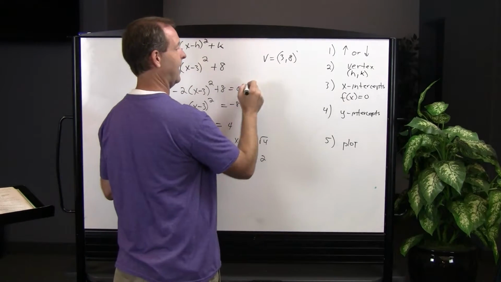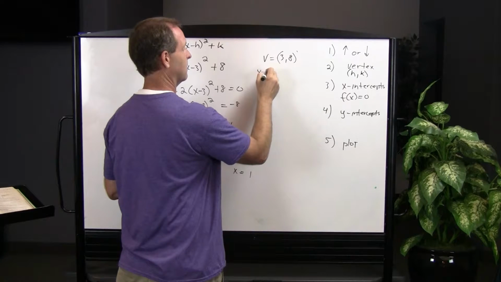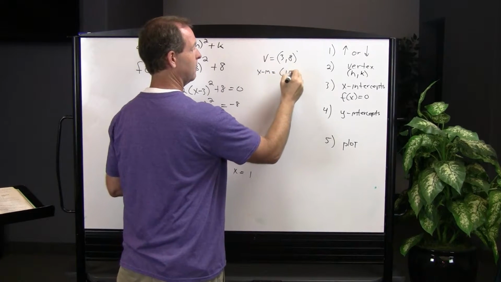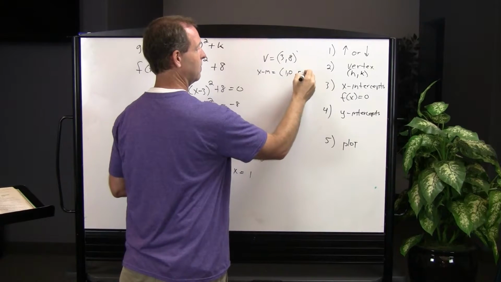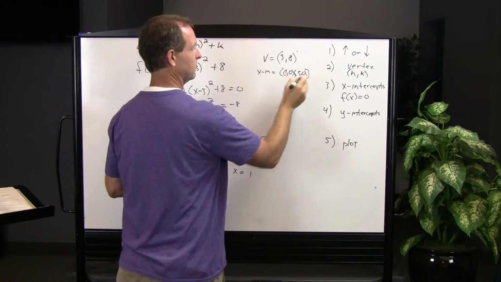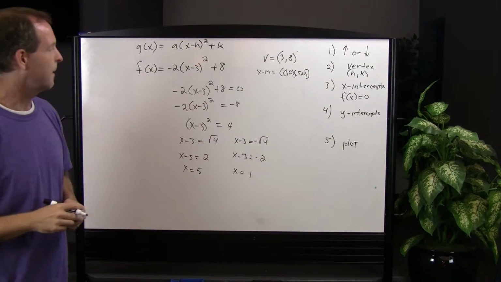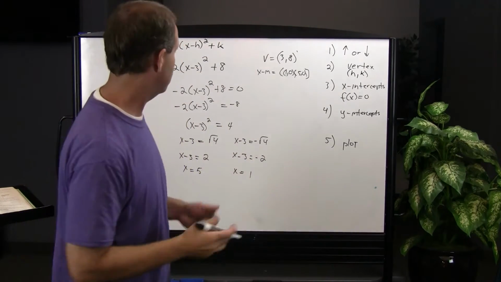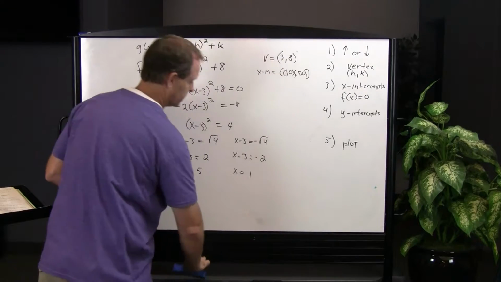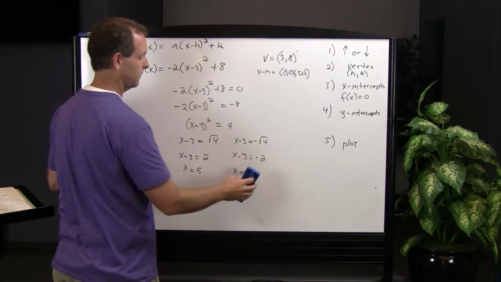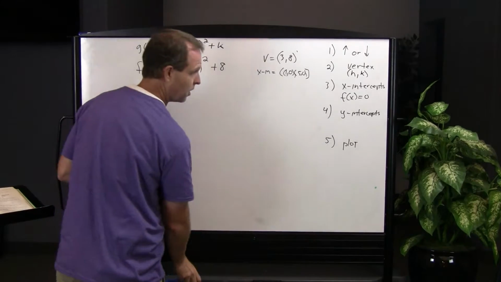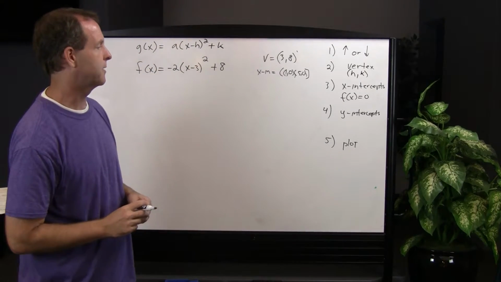So let's go ahead and say my x-intercepts are at the points (1, 0) and (5, 0). I could have also used a quadratic formula. I could have also squared both sides, solve by squaring. However you wanted to do it, you can solve your quadratic however you want to.